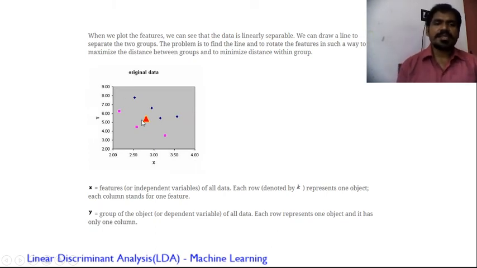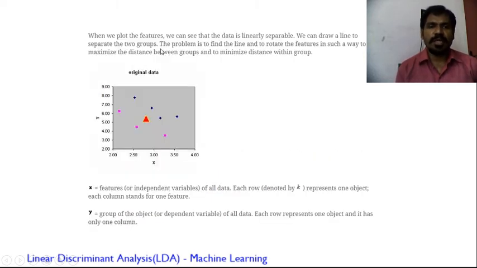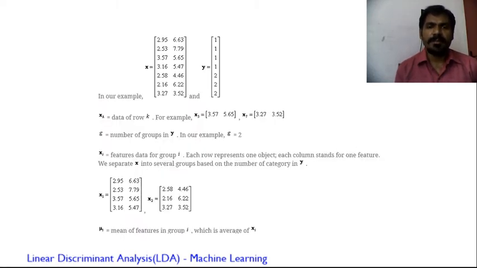So your x is the features of all the data, that is the first column, and y is the second column. There are two features, x1 and x2, and y is the class.